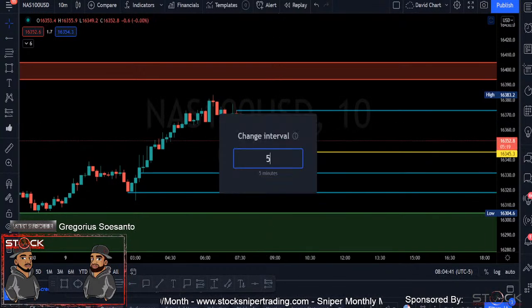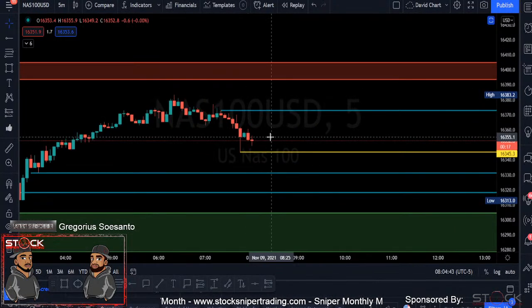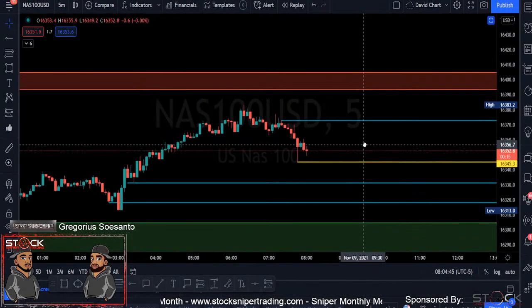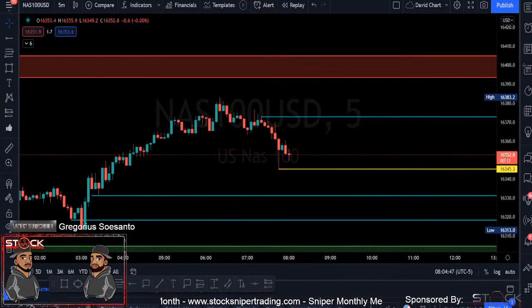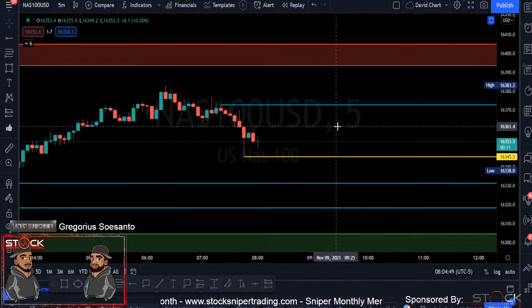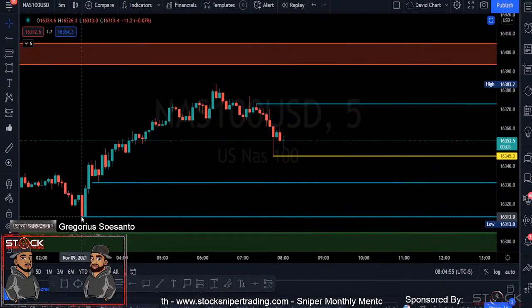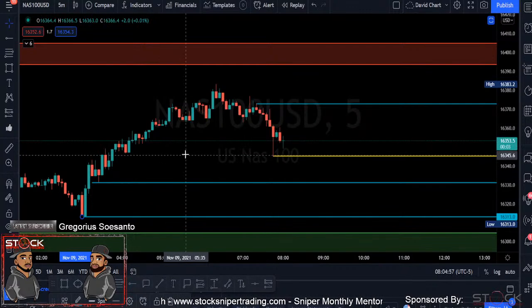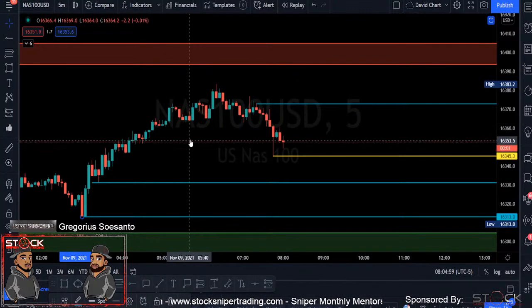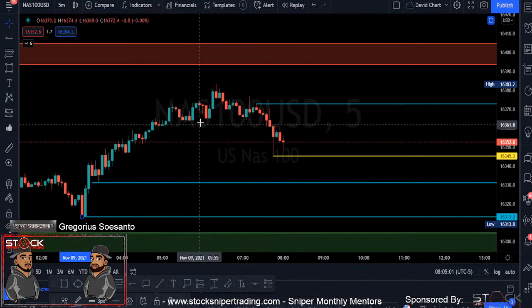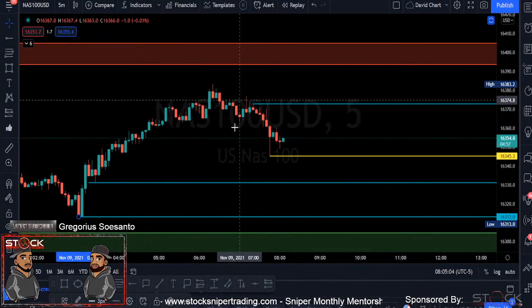All right, and now we're going to go to the 5. That there, bottom of that candle, price there. Okay, going up, getting resisted there, holding support there, and we're good to go.